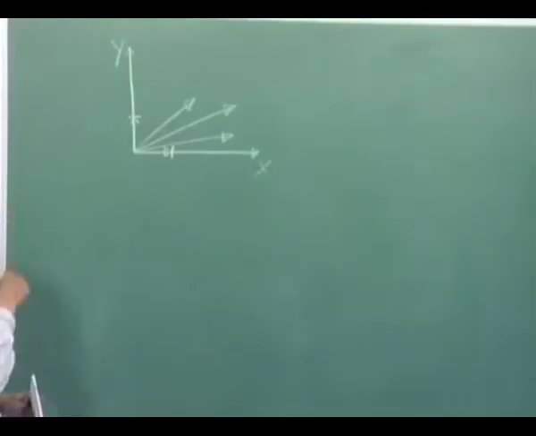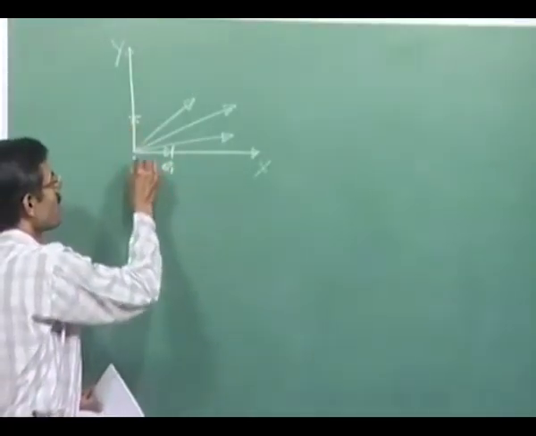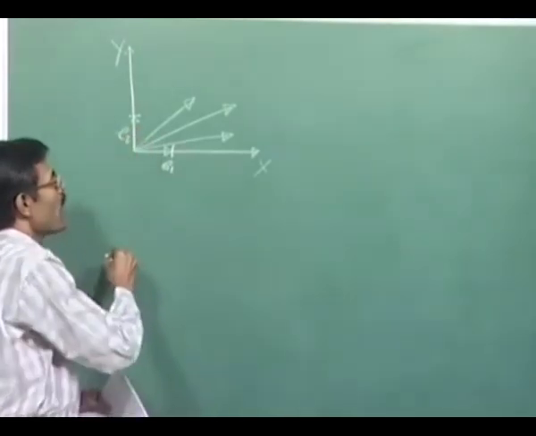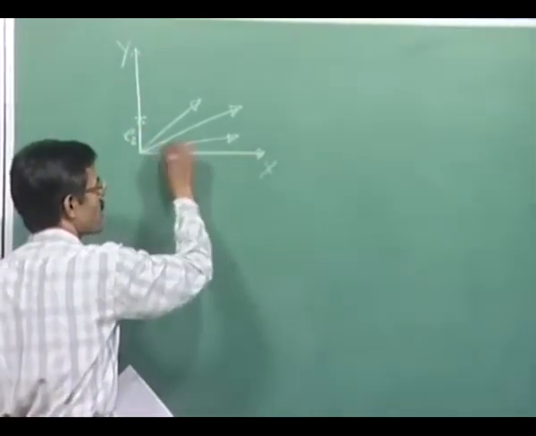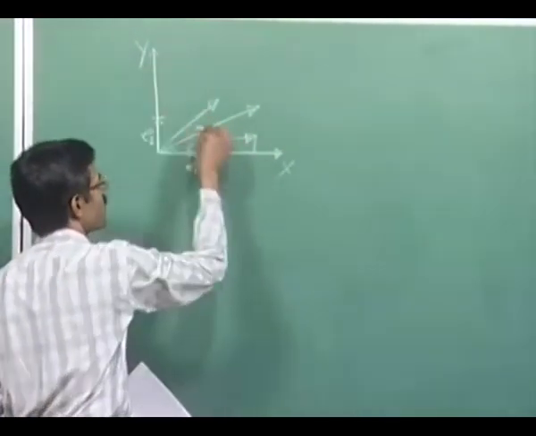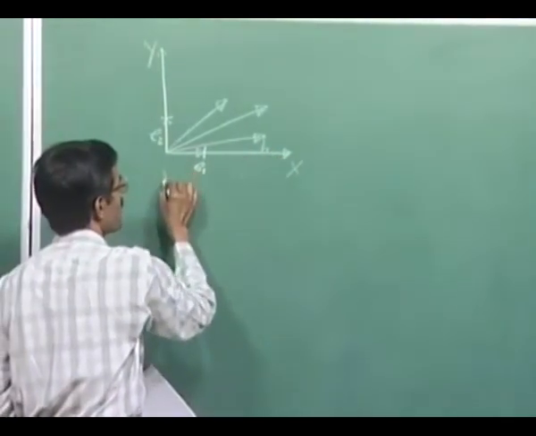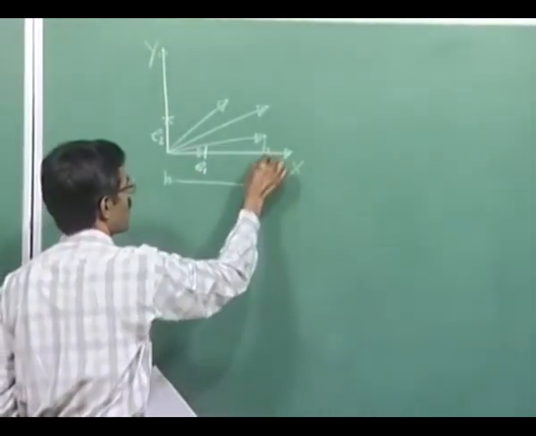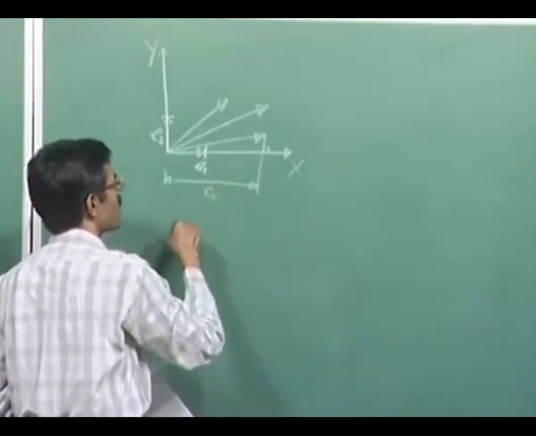Let us call them E1 and E2. To represent this vector, we draw a line parallel to the y axis, and that cuts here at right angle, and whatever is the length here, that is say C1.